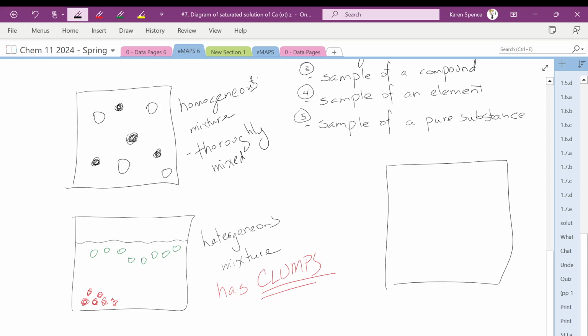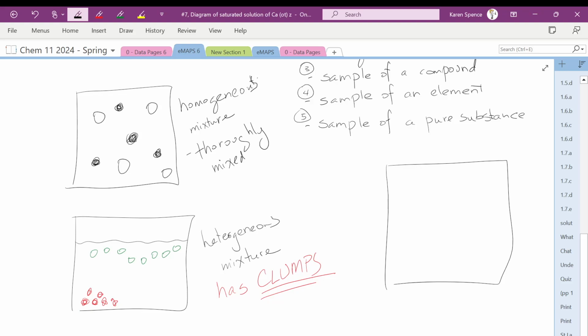Excellent. Sample of an element. Okay. Is there anything else I could do for a sample of an element that might look a little different? Do you want to come up and draw it? No, you want to tell me. It is a pure substance. So this is an element, but it is also a pure substance. Is good? Okay.